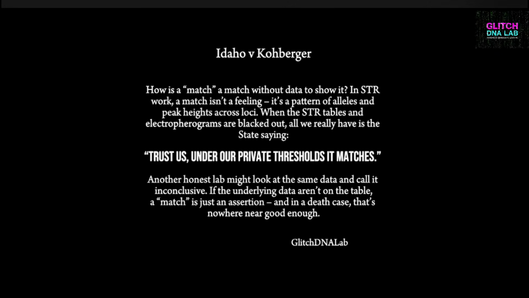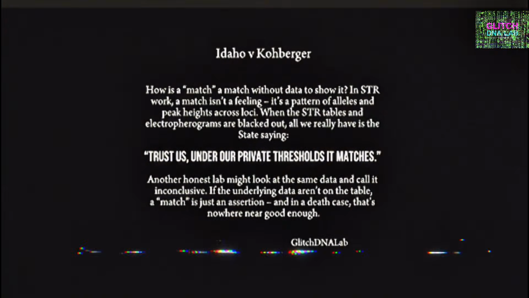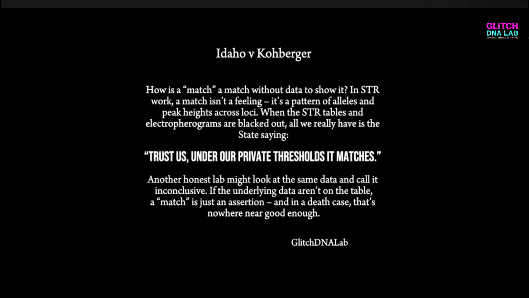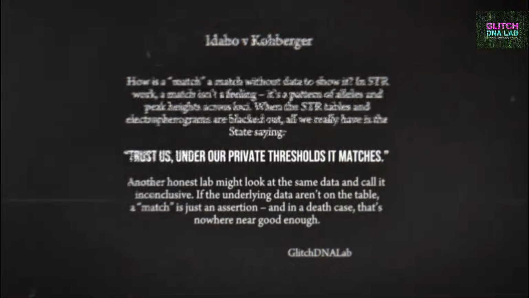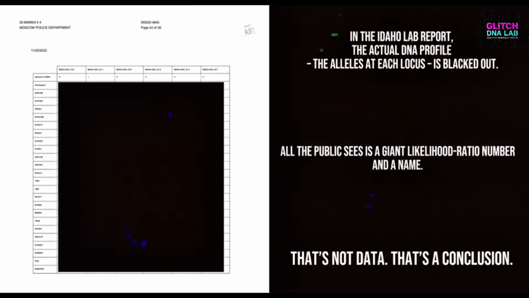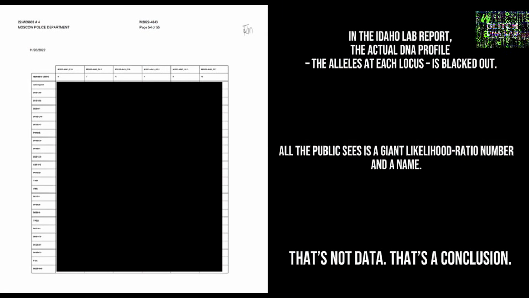In Idaho v. Kohberger, almost everything turns on a single story. The state wants you to believe in DNA on a knife sheath. We're told that this DNA matches Bryan Kohberger and that it's 5.37 times 10 to the 27th power times more likely to be his than a random stranger's.